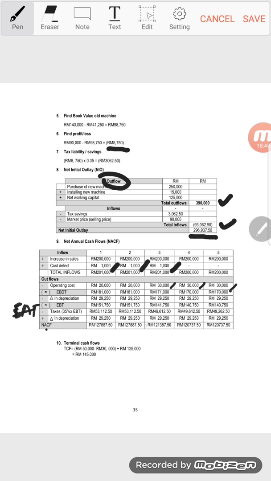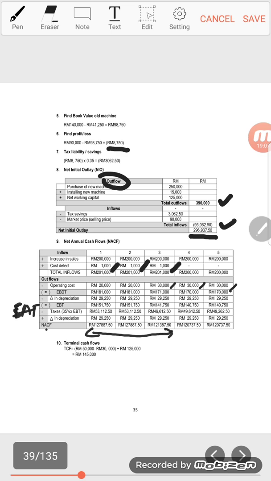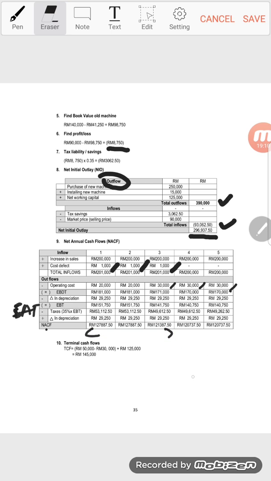So kalau you tengok kat sini, net annual cash flow ni year 1 until year 3 sama kan. Okay, tetapi bila masuk year 1 dengan year 2, year 1 until year 2 sama.